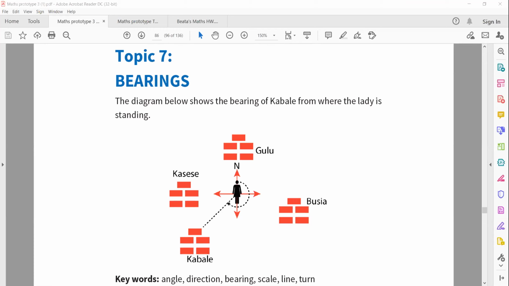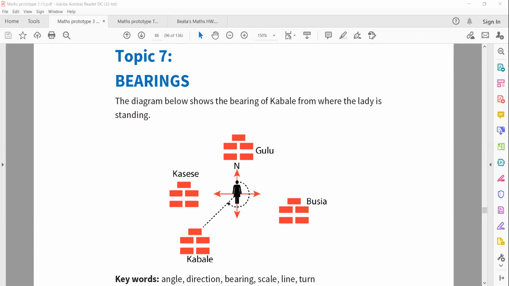So we have this diagram, which is showing us the bearing of Kavale from where this lady is standing. Now we can see that there is a lady standing here. We have these districts: Gulu, Busia, Kasese, and then this lady is turning from the north, turning through this angle.